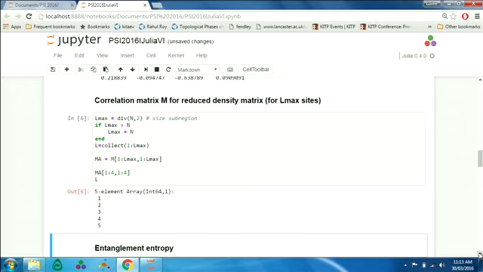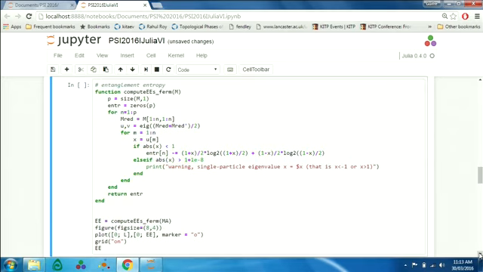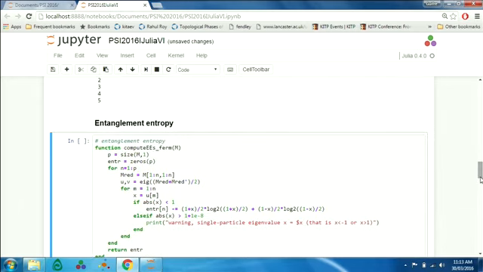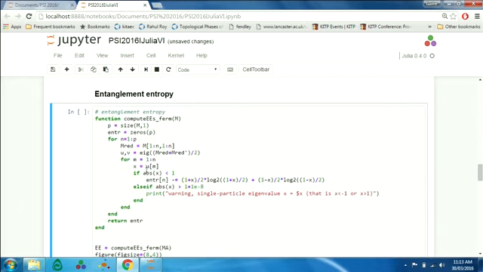Okay? And very good, so entanglement entropy, how do we compute that? Well, there was this expression that says diagonalize the correlation matrix on whatever region you are considering, look at the eigenvalues, and from the eigenvalues build the entropies by adding single contributions for each eigenvalue, and that's what this function is doing.